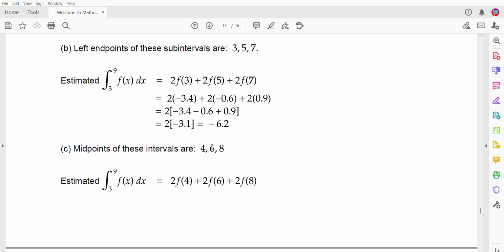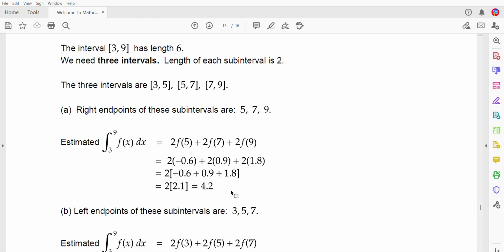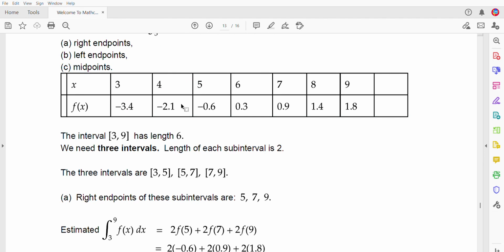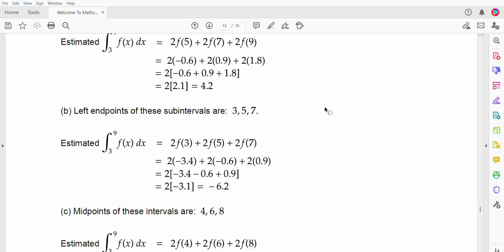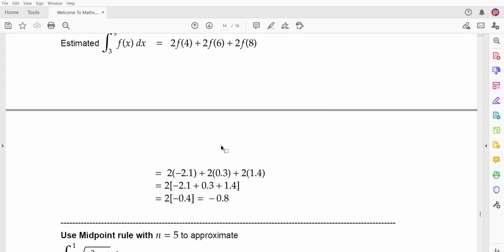I'm using f at 4, f at 6, f at 8 for the height, and the 2 continues to be my width. F at 4 is negative 2.1, f at 6 is 0.3, f at 8 is 1.4, which gets me the final answer.